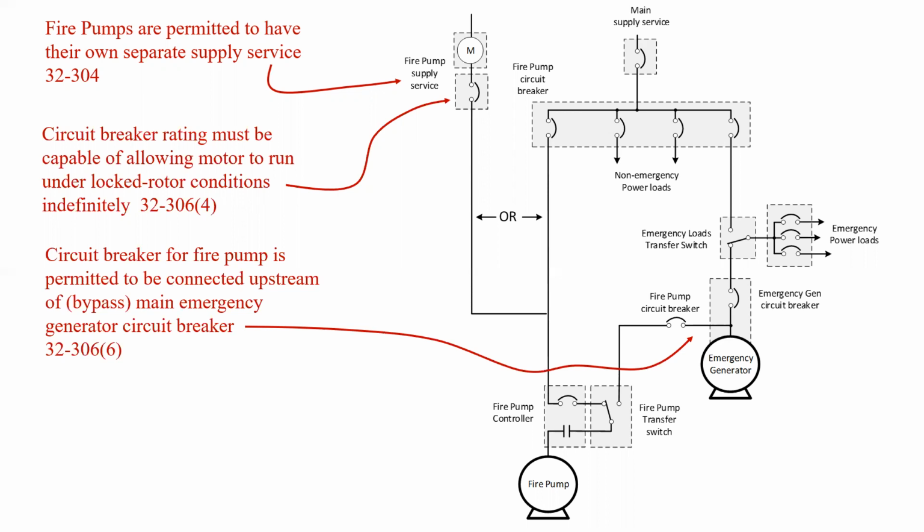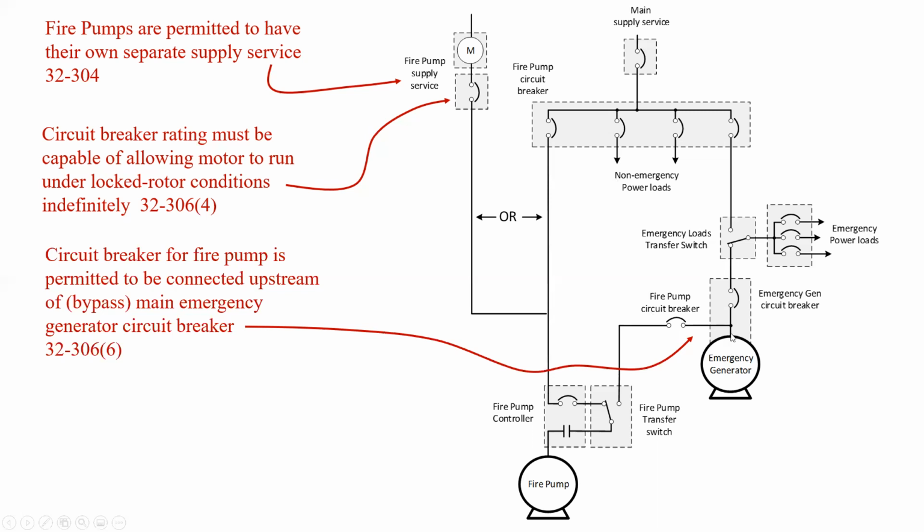The circuit breaker for the fire pump is permitted on the emergency generator side to be connected upstream of or bypass the main emergency generator circuit breaker. And so what you'll notice here is that this is meant to show the surrounding boundary of the termination box for the emergency generator. And most emergency generators will have their own mains breaker located in the termination box.